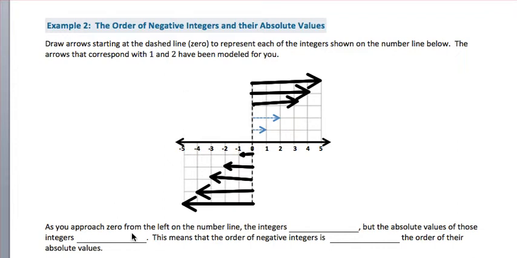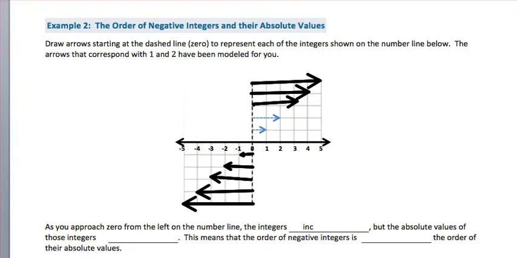So as we approach 0 from the left on the number line, the integers increase. In other words, the value of the integers increase, but the absolute values of those integers decrease. And this means that the order of negative integers is opposite the order of their absolute values.